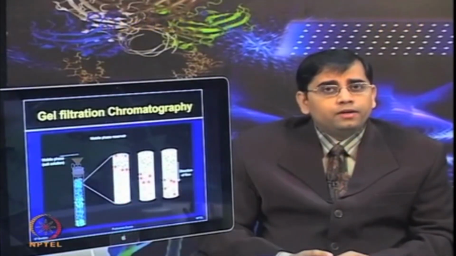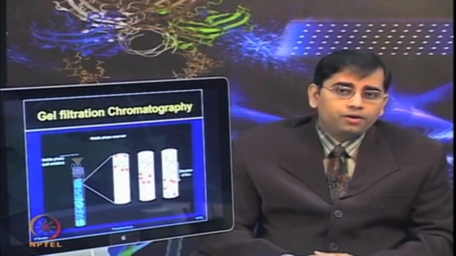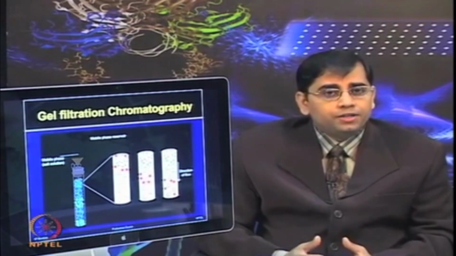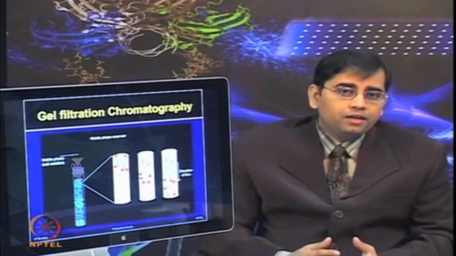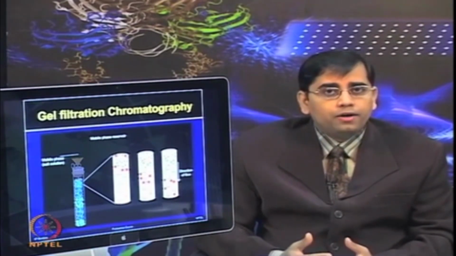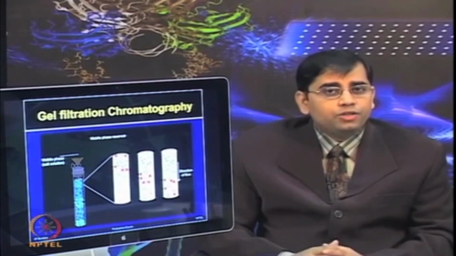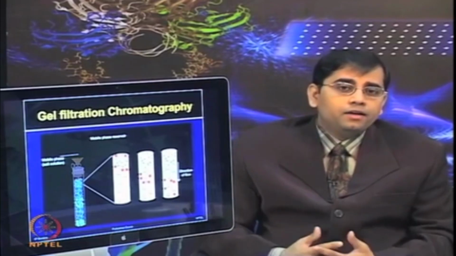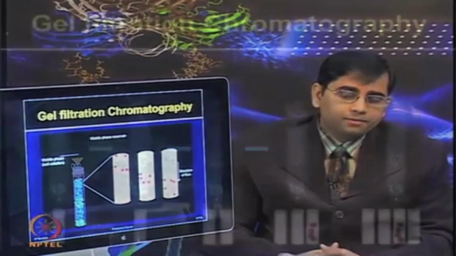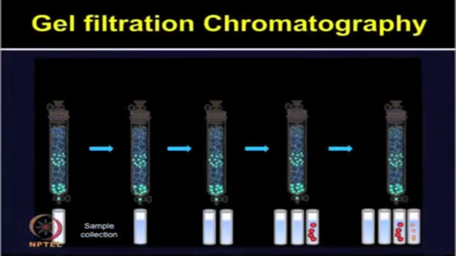Beads of different pore sizes can be used, or retention time can be increased by increasing the column length or decreasing the flow rate, to achieve higher resolution of proteins. After these steps, the fractions are collected and analyzed for the protein content.